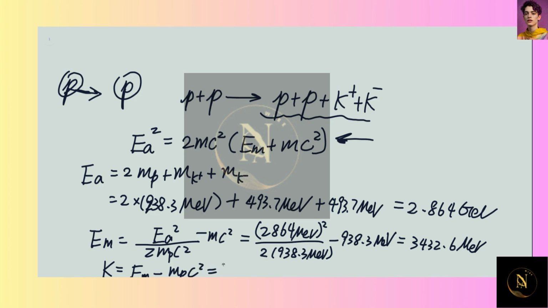So it's 3432.6 MeV minus another 938.3 MeV, for a total of 2494 MeV. This is the amount of kinetic energy carried by the proton, and this is going to be the threshold kinetic energy in this reaction.